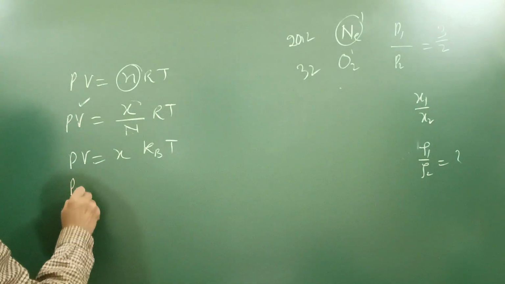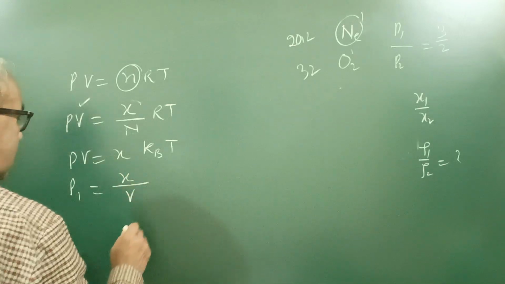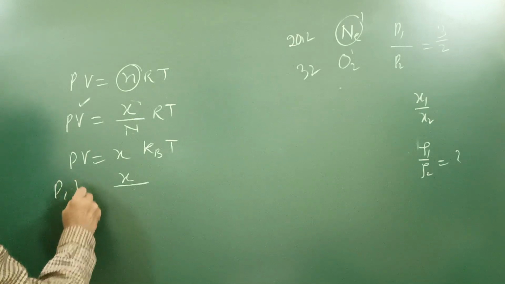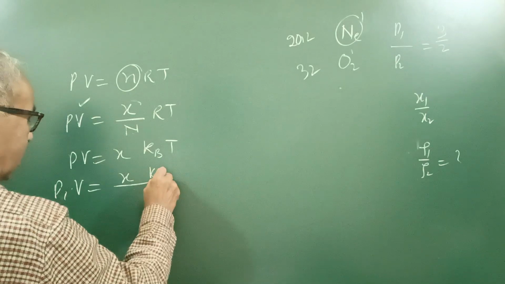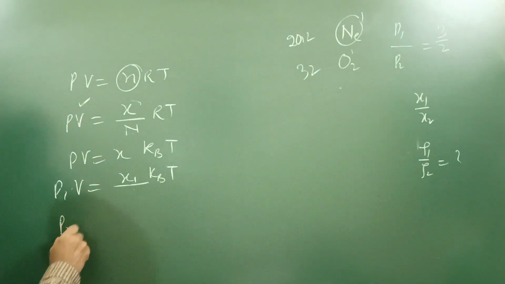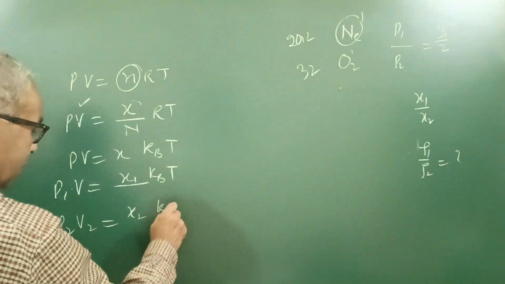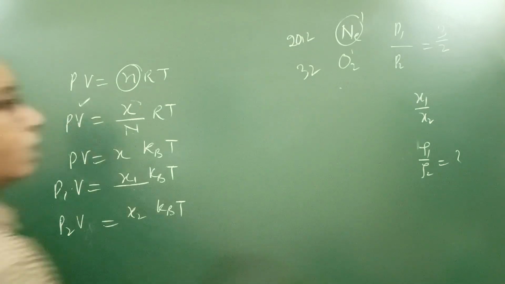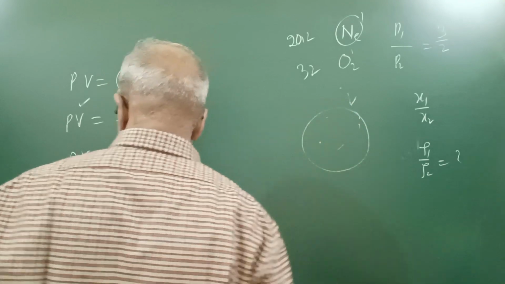Hence P1 is equal to X1 kB T upon V. Let the volume be V, the temperature is the same. P2 is X2 kB T upon V. Sorry, V is the same, since both gases are filled in the same container.